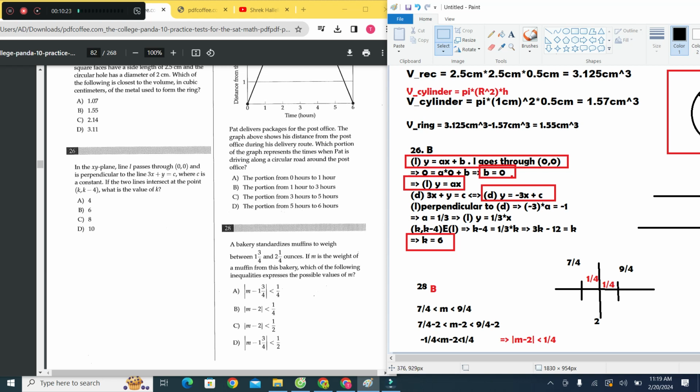Therefore, the absolute value of M minus 2 is less than 1/4 here. So the answer should be B.